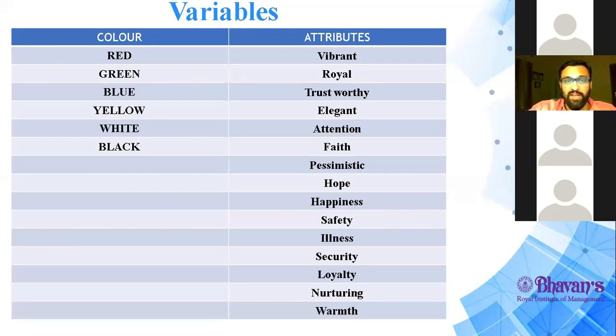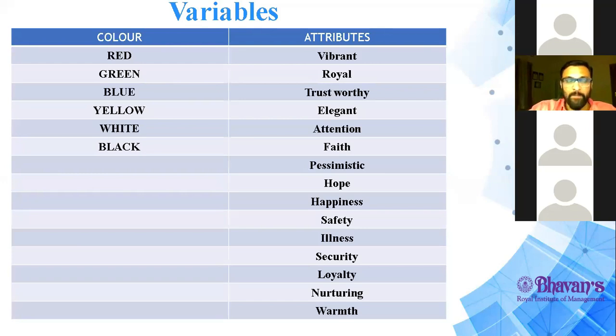Since we need an example and we need to limit the attributes, I have taken this directly from a highly graded journal. So we have attributes like vibrant, royal, trustworthy, elegant, attention, faith, pessimistic, hope, happiness, safety, illness, security, loyalty, nurturing, and warmth.